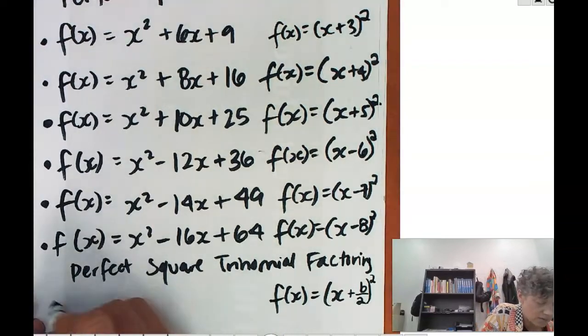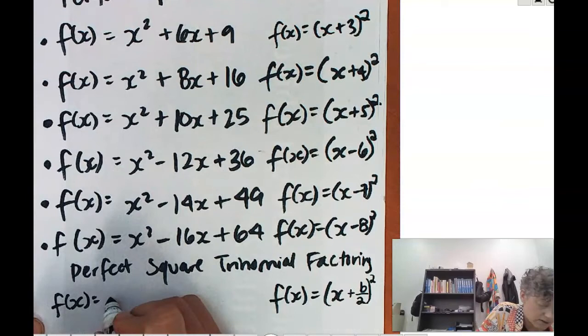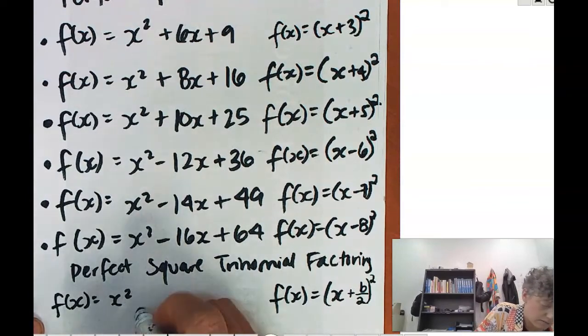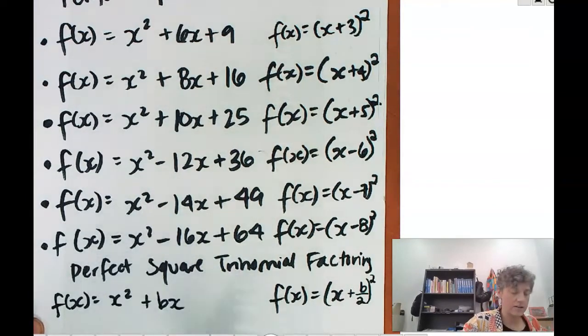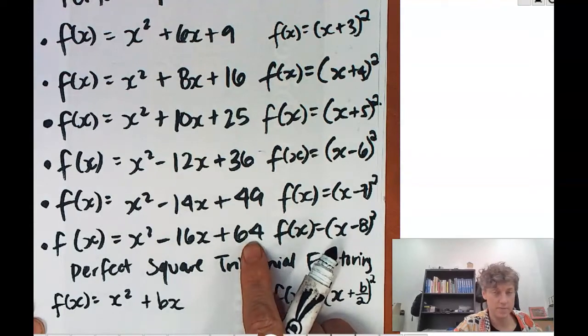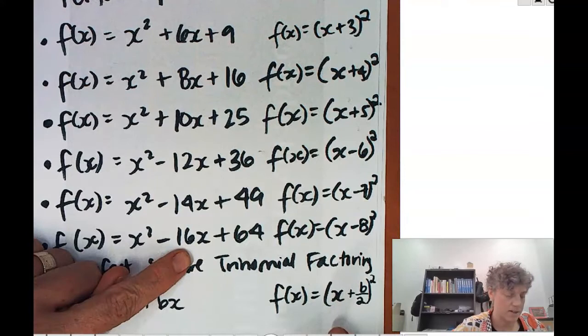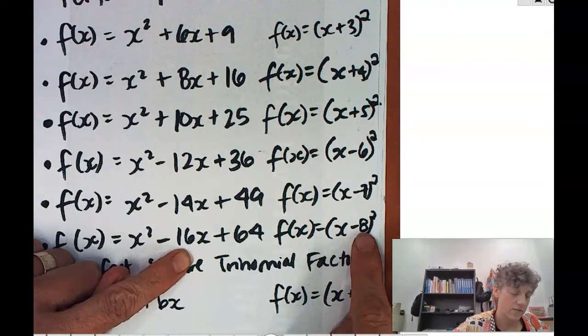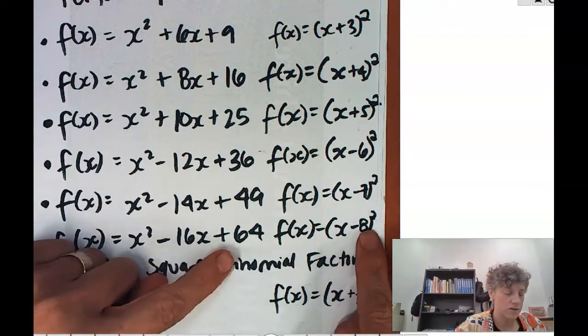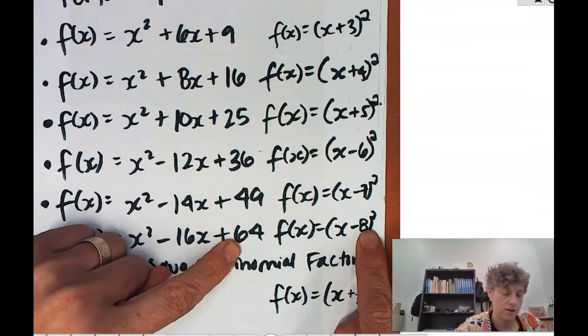Okay, and the perfect square trinomial itself was x squared plus bx, and then this third term is really that b term divided by 2 squared. Whatever this b term divided by 2 was, squared, becomes our final term.